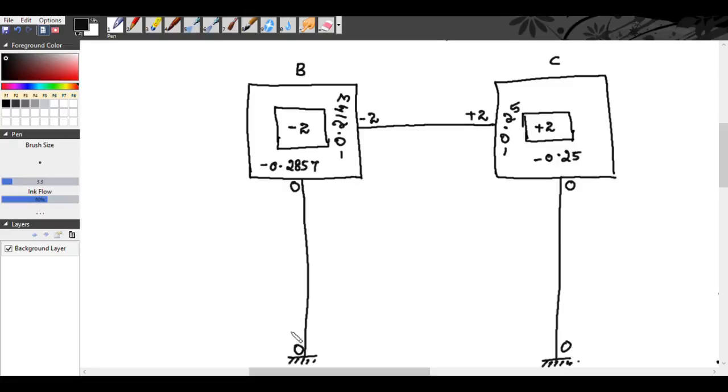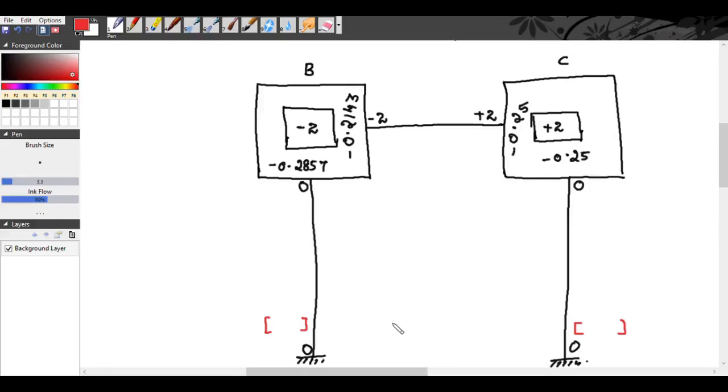Now, we will write the displacement factor. So, the displacement factor, we will write inside a box. The displacement factor is for the columns.